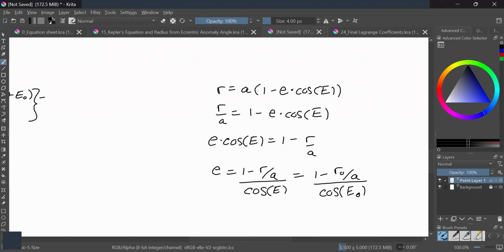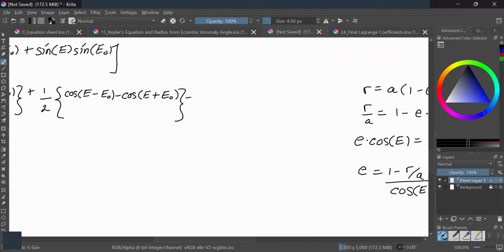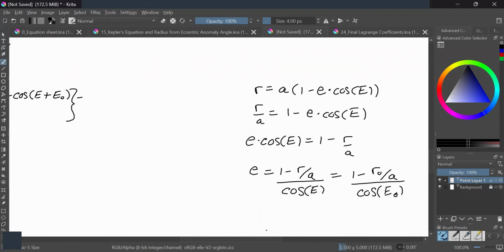All right, there you go. Now we have an E replacement value for both the initial and secondary angles, which we need the initial for this one. So let me write this.